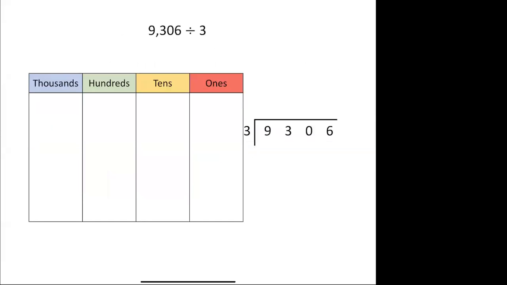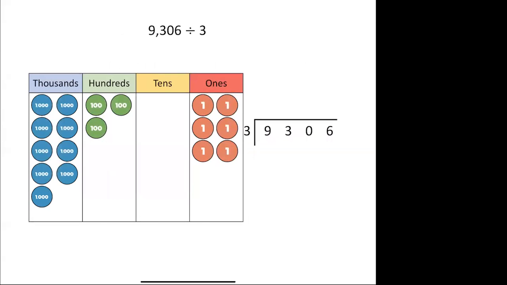All right, next one. Again, we won't have any leftovers here. There won't be any remainders. So we put our largest number onto our place value grid, 9,306. Nothing in the tens, of course. And we're going to put them all into groups of 3. In the thousands column, there's actually enough that we can do this. We put them into groups of 3. So there are 3 groups of 3.